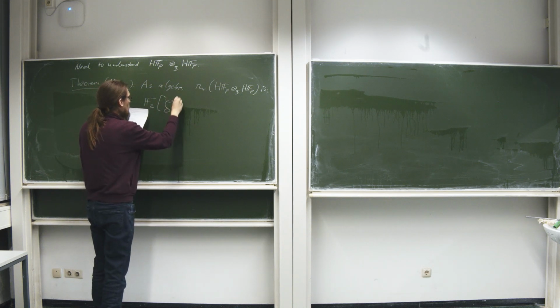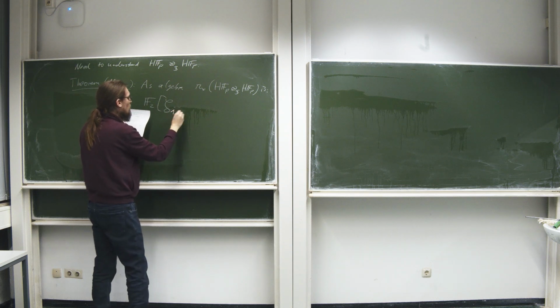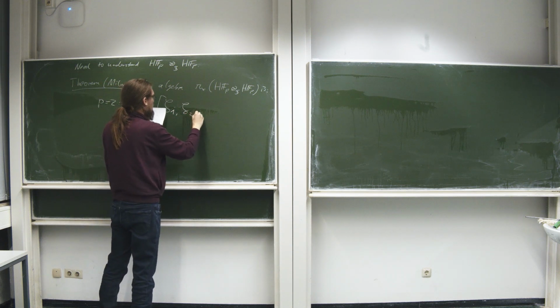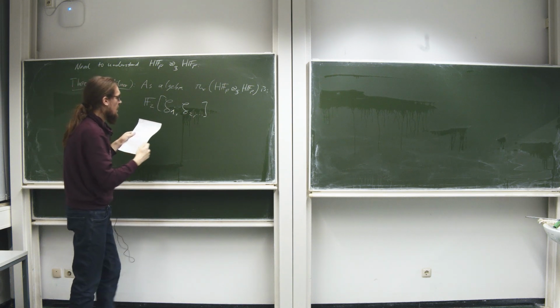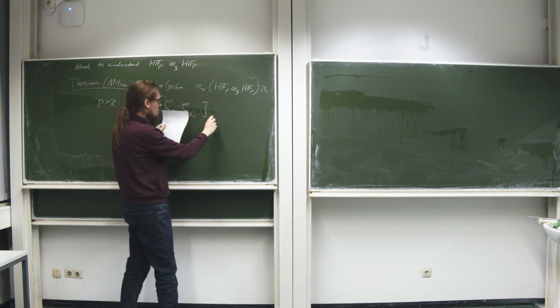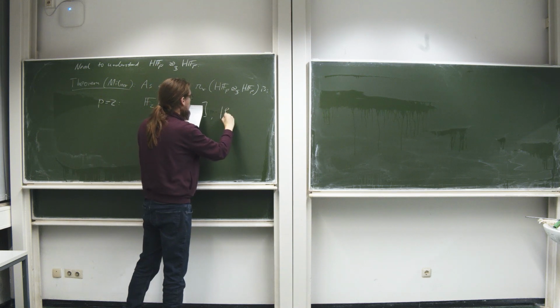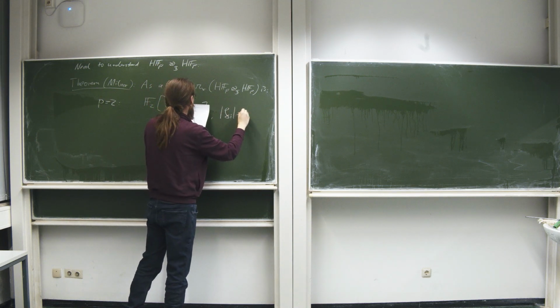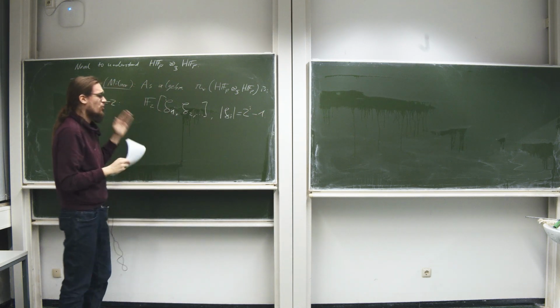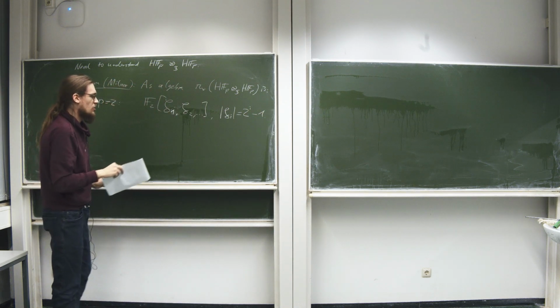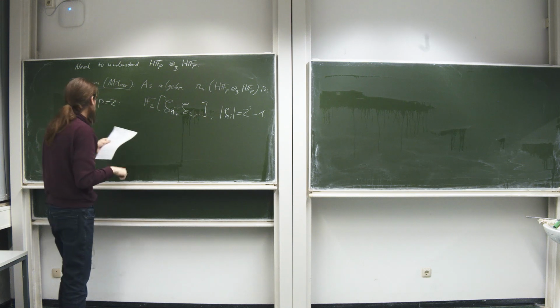It's just that this guy is polynomial over F2 in infinitely many generators, zeta i, starting with zeta 1 and so on. And the degree of zeta i is 2 to the i minus 1. So these are generators in degree 1, 3, 7, and so on.